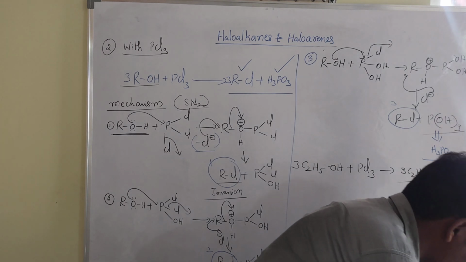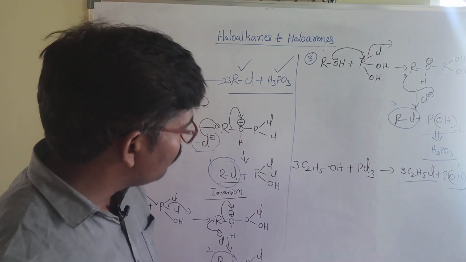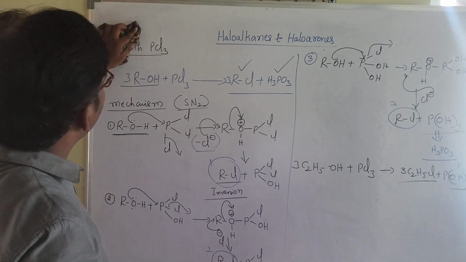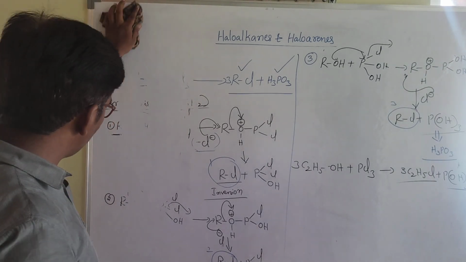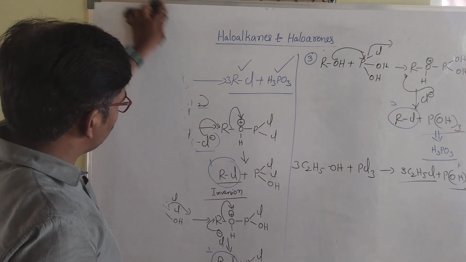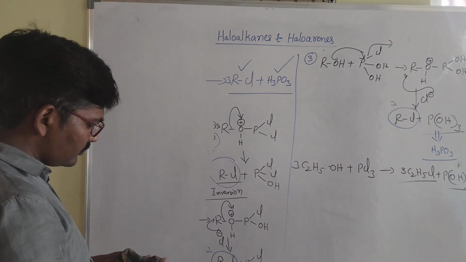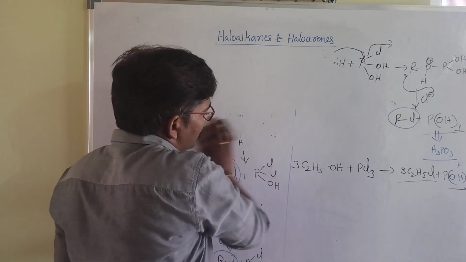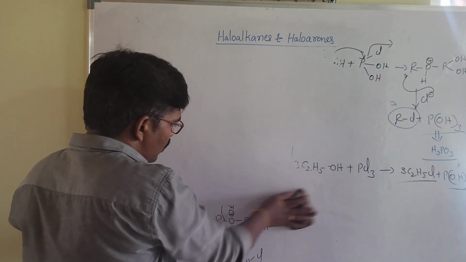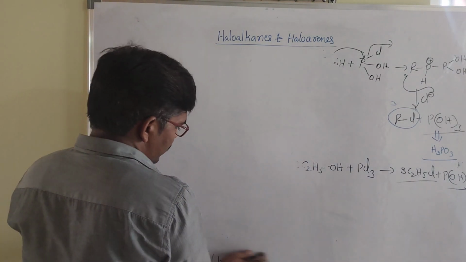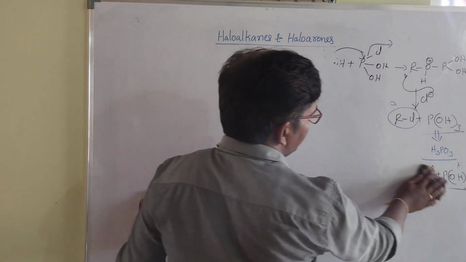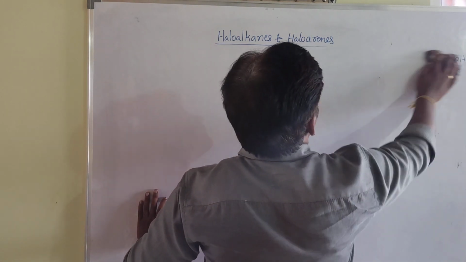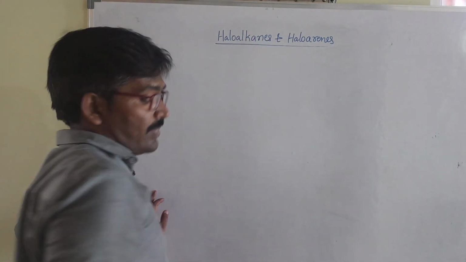Then the fourth reagent, if you want to use, the fourth reagent is what? It is the third reagent PCl3. If you use the fourth reagent, SOCl2, thionyl chloride is there. Here we have been given only chlorine-based reagents: PCl5 chlorine, PCl3 chlorine, and Lucas reagent also gives it.